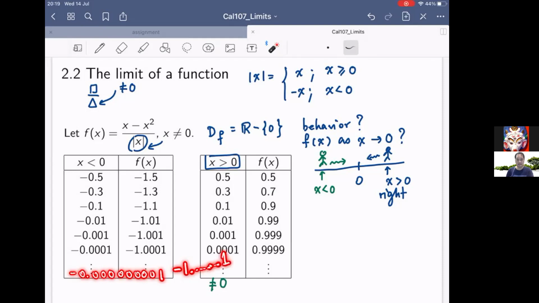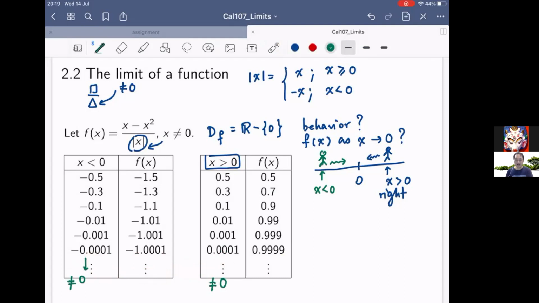You can see some kind of relation like that, right? So again this goes really close to 0, but it never becomes 0, it just goes close.